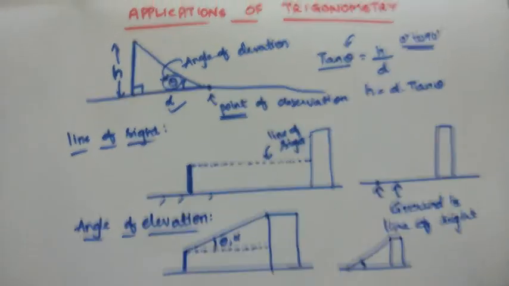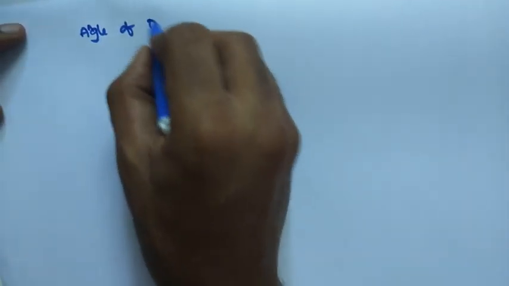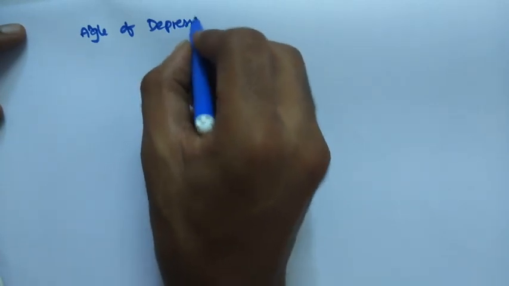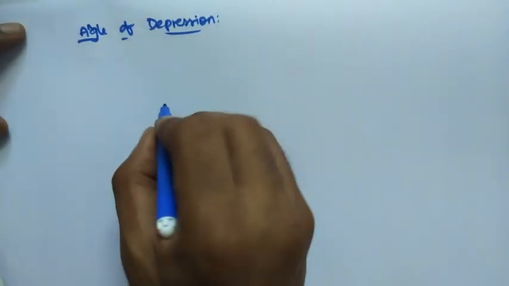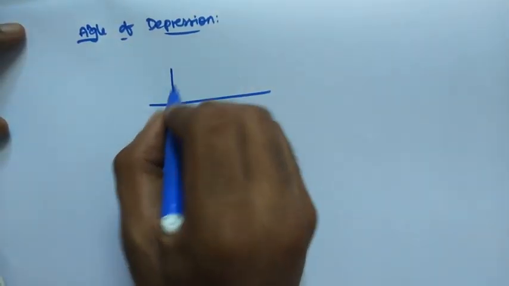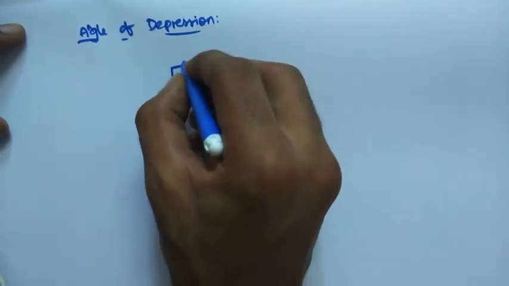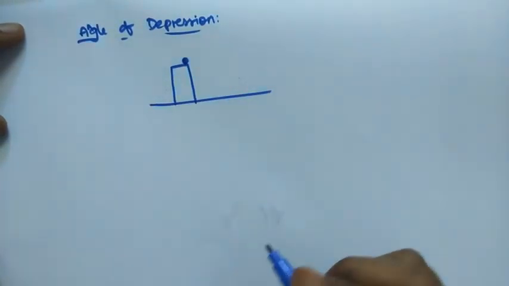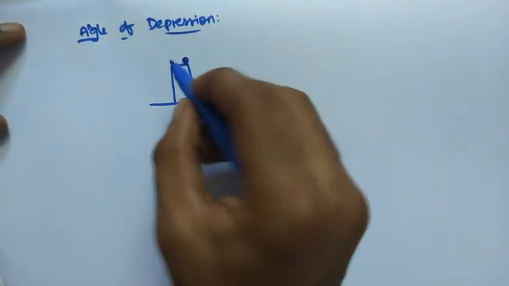Now, one more term is angle of depression. This term comes when the observer is on the building itself. So now here is the observer, and what is the line of sight?